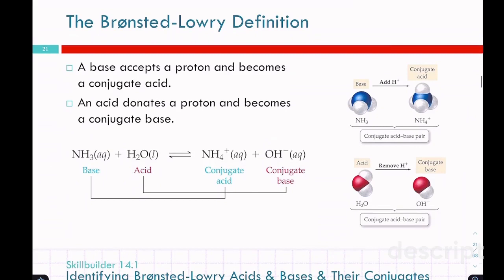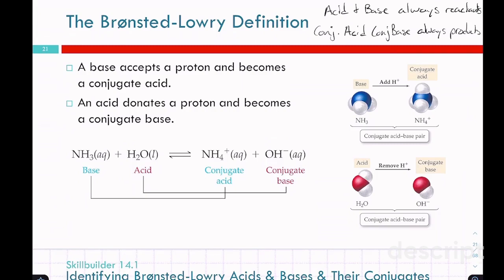Let's see, we're going to write this. Acid and base, and then the conjugate acid and conjugate base are always products.